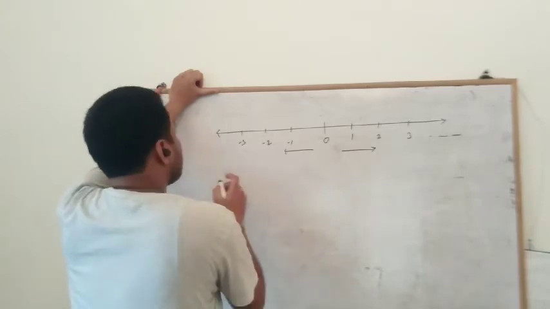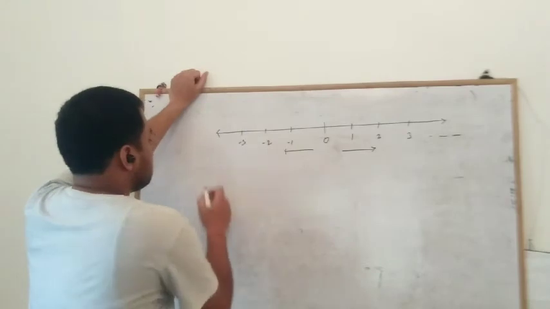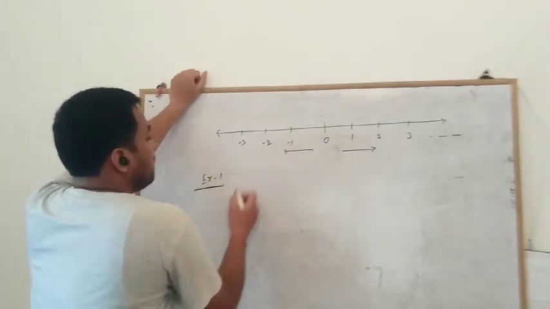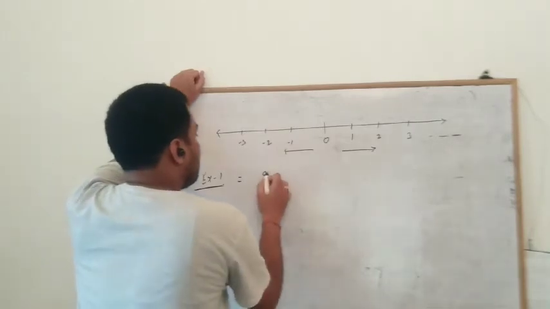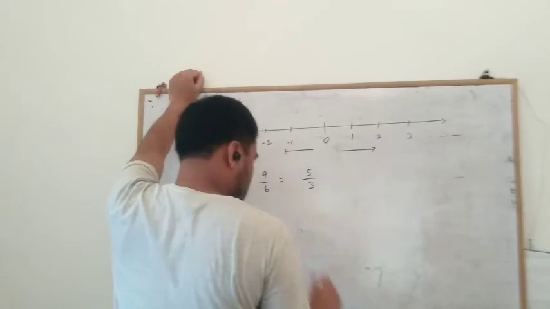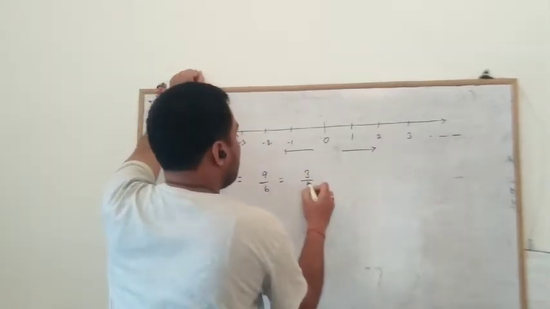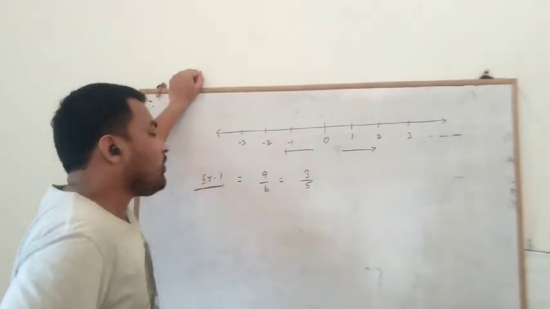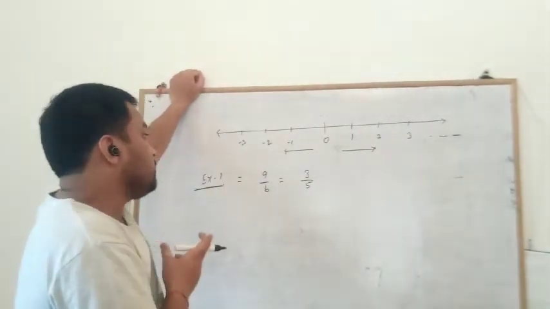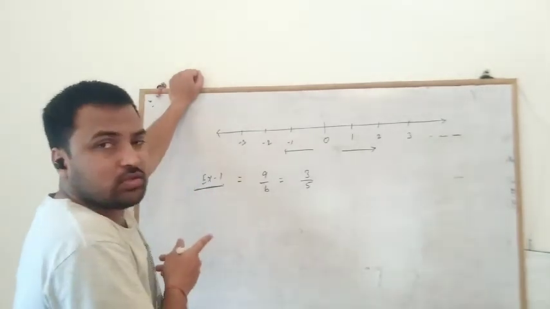So consider 2 or more rational numbers, so taken as example 1, a by b is equal to 3 by 5. From the fraction definition, this is a proper fraction, right?